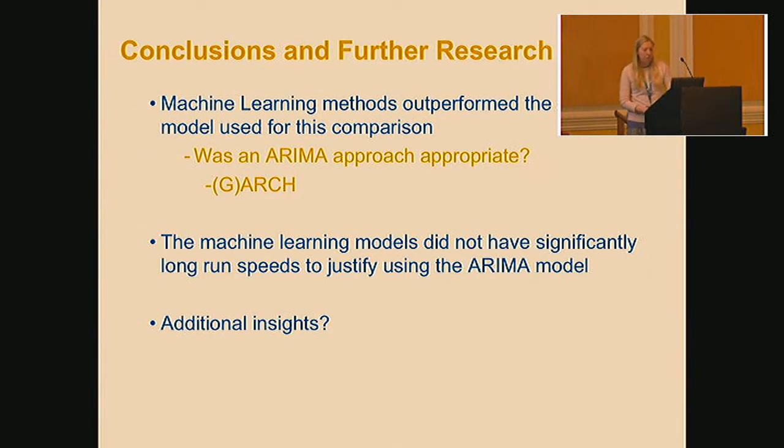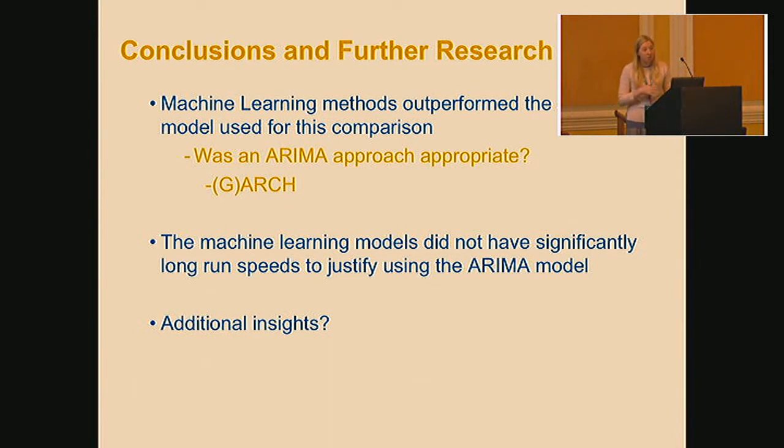So that was my conclusion, that the machine learning model, especially the recurrent neural network, if we keep the support vector machine out of it, vastly outperformed the ARIMA model. But for this data set, perhaps an ARIMA model was not an adequate fit.